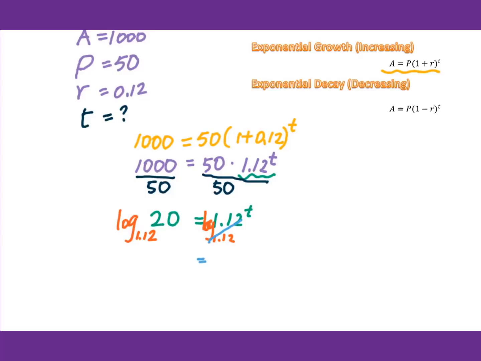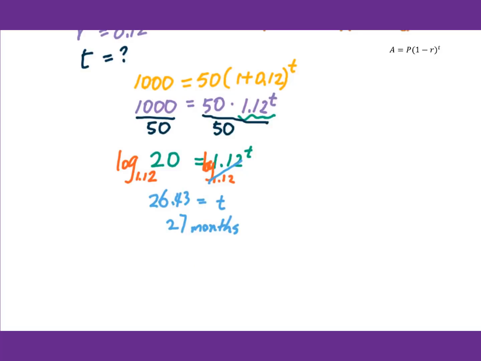So on the right side we got the t. On the left side we put it into the calculator, and we will get 26.43. T stands for the month, so we say 27 months. This question is a round-up question.